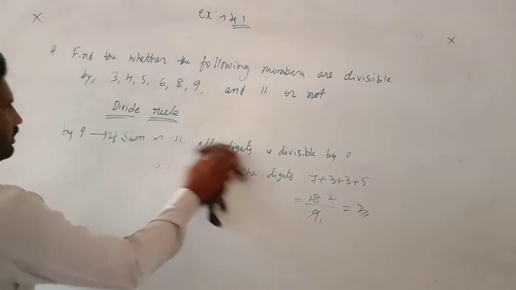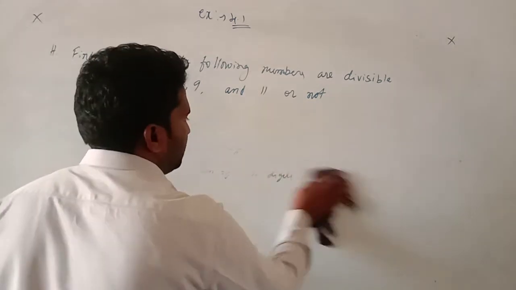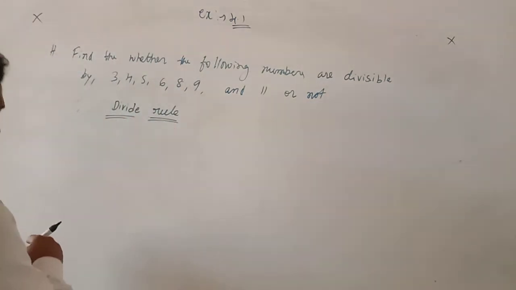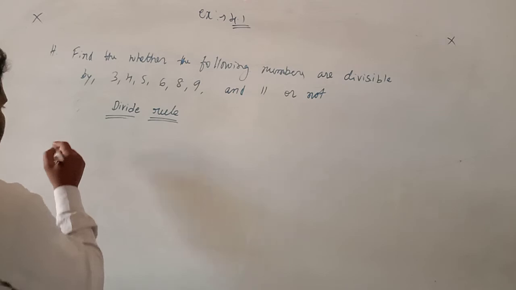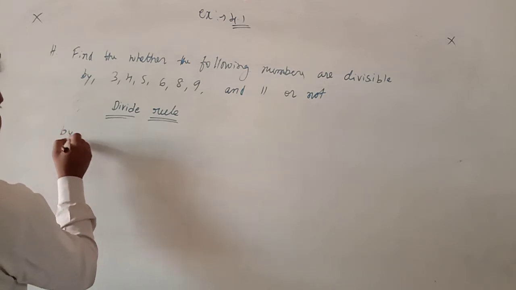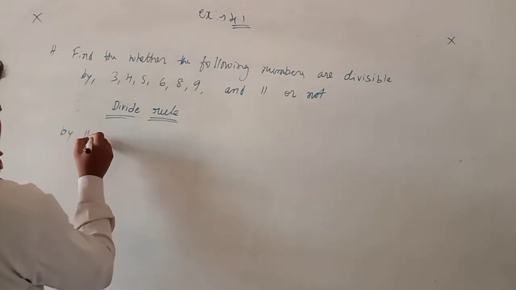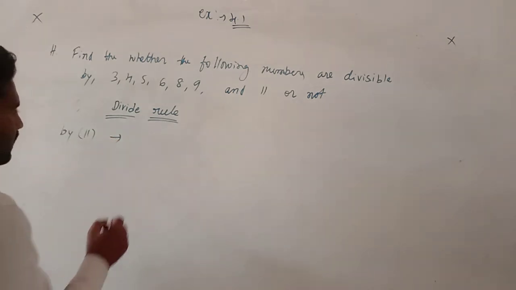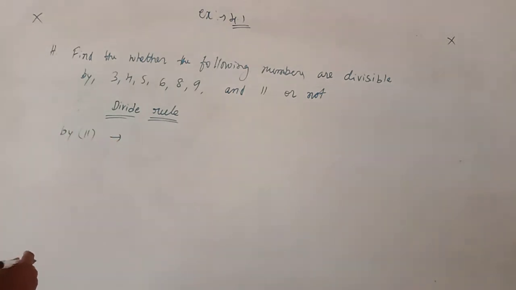So next, last, it is by 11 also. By 11. Okay, in this rule we have to check the difference between the sum of even digits and the sum of odd digits. If it is 0 or 11, then the complete number is divisible by 11.